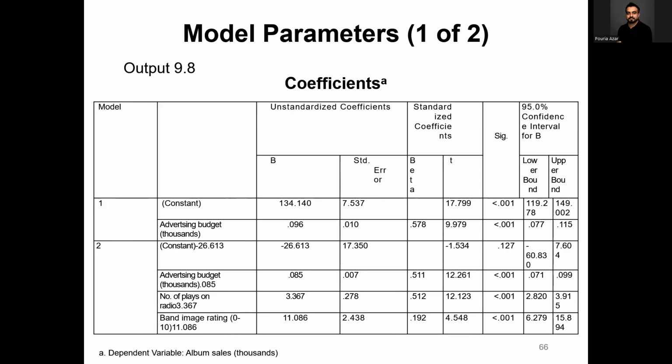For each predictor variable, we will have a beta coefficient, a specific standard error for those beta coefficients, and standardized coefficients. And I will show you the difference between those. Unstandardized beta coefficients have units, while standardized beta coefficients are in units of standard deviations.